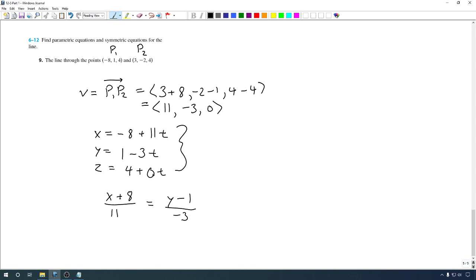There's technically no t's here. So what we're going to have to do is leave the z equation how it is. We just have this equation here and z equals 4. This would be our symmetric equation for this line.